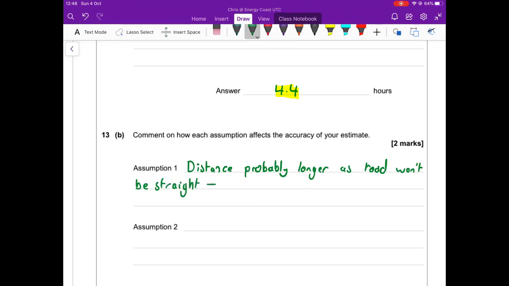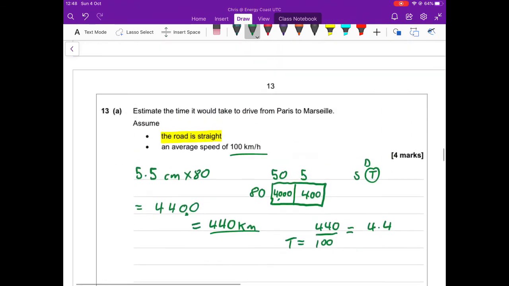So assuming it was straight, it's actually further than that, so that means we probably underestimated the real answer, okay? Real time or something. So it's going to take longer because it's further, that's all I'm saying with that, okay?